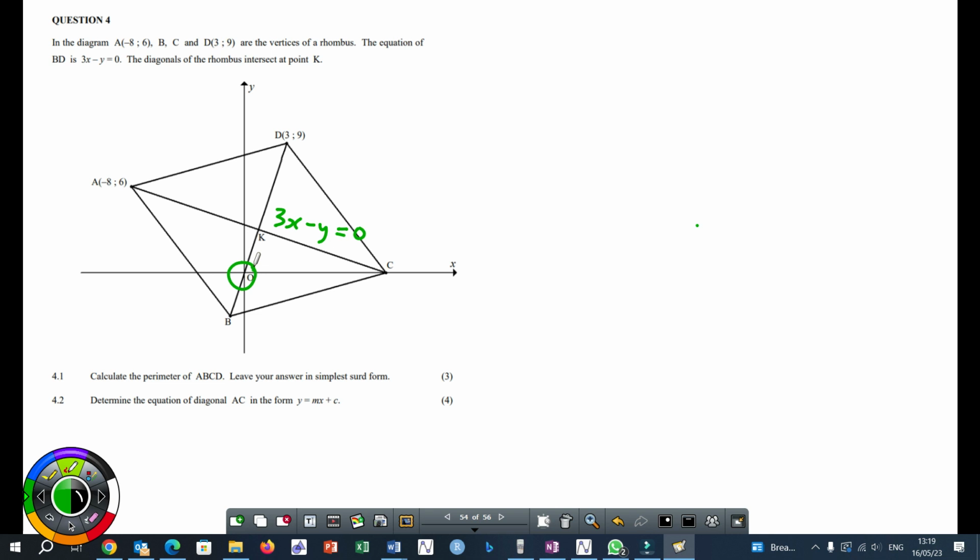Now, what is perimeter? It is the distance around a shape. Now with a rhombus, you don't have to calculate all 4 sides because the 4 sides are equal. So you just calculate one side, then you multiply the answer by 4.